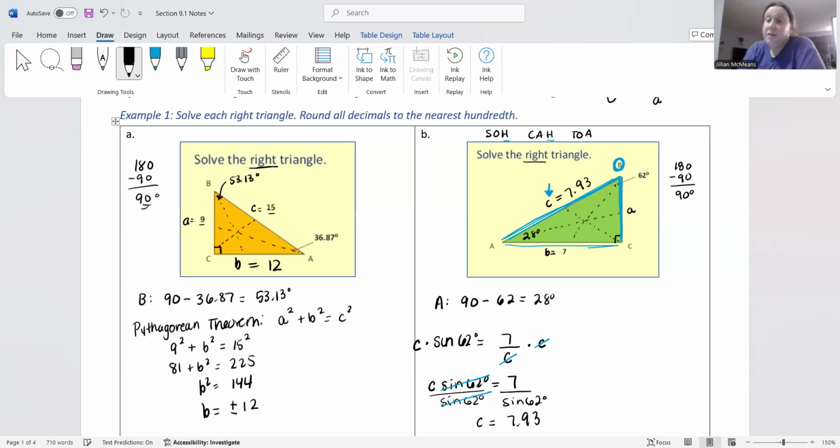Now we need to find the length of side A, okay? And you have a few things up your sleeve. We have enough information now where we could technically use cosine of 62 degrees. We could also do the Pythagorean theorem, but I hesitate to do either of those because both of those would involve C. And keep in mind, we just rounded C. 7.93 is not exact. This is approximate, okay?